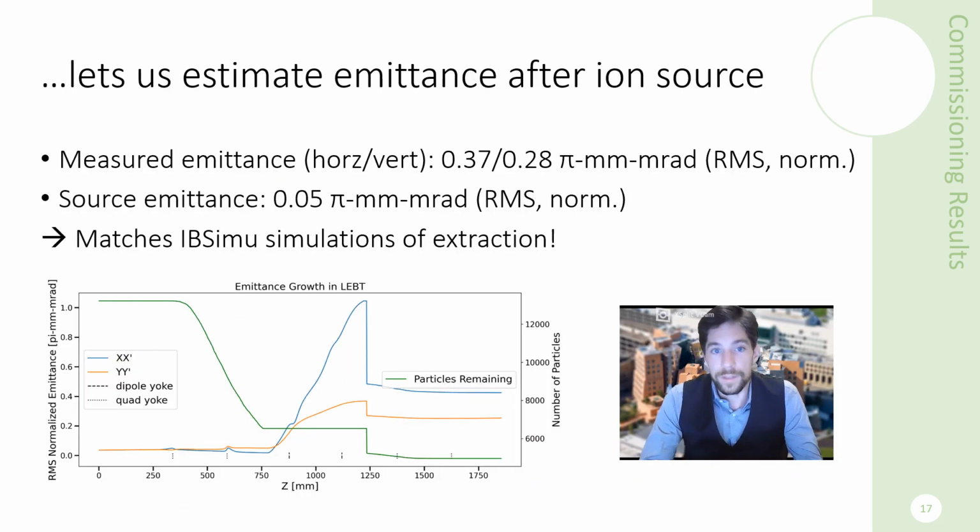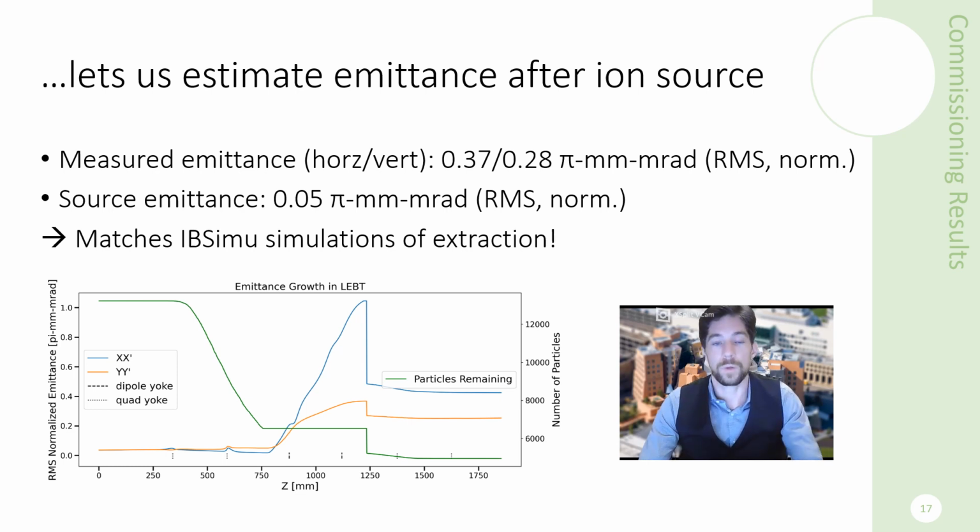Knowing that these simulations match our measurements quite well, we can estimate the emittance after the ion source. Our measured emittances, which correspond to the pictures I showed on the previous slide, are 0.37 and 0.28 pi mm mrad. These are RMS normalized emittances.